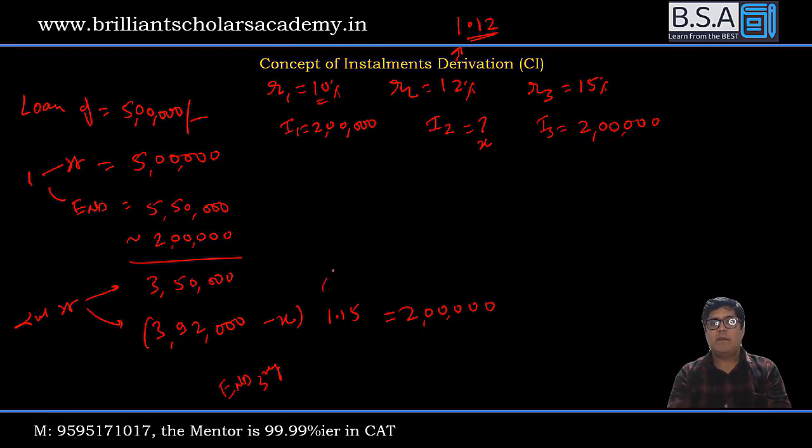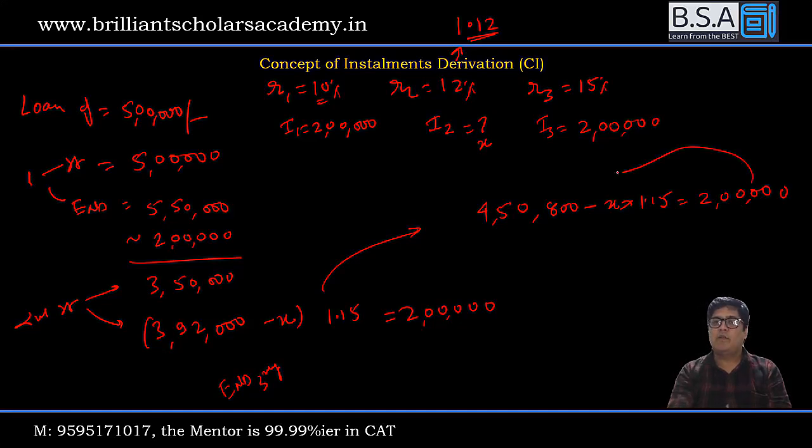This gives me 4,50,800 rupees, minus X into 1.15 is equal to 2 lakh rupees. Now rearrange, move it here, subtract, and answer is ready. Minus 2 lakh. This is 2,50,800 rupees divided by 1.15, which is the second installment.